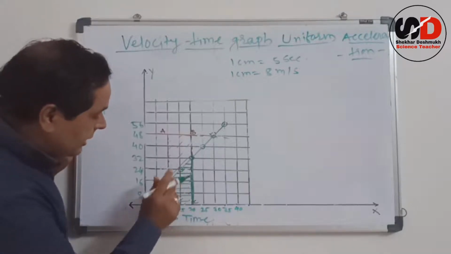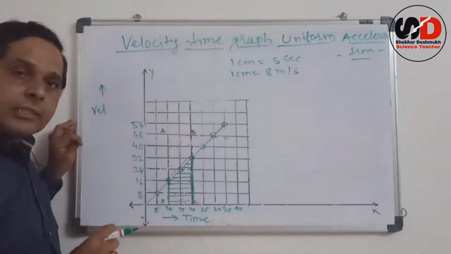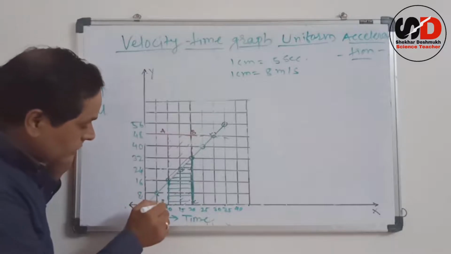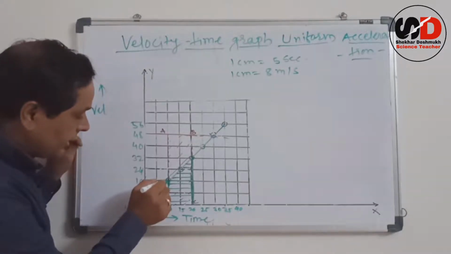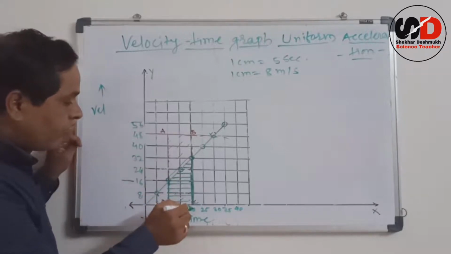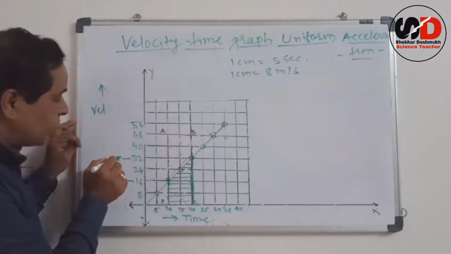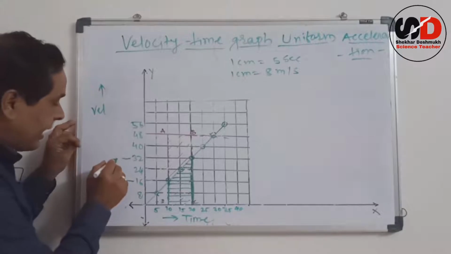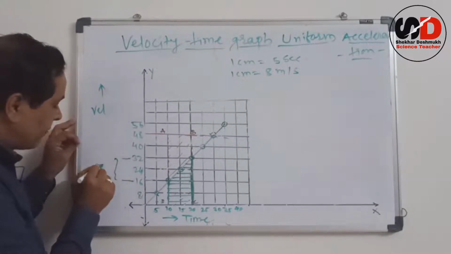We only want to see how much distance is covered in this shaded portion. So at 10 seconds, take the velocity 16, and for the 20th second it is 32. If we take the average of these two, it is 24.